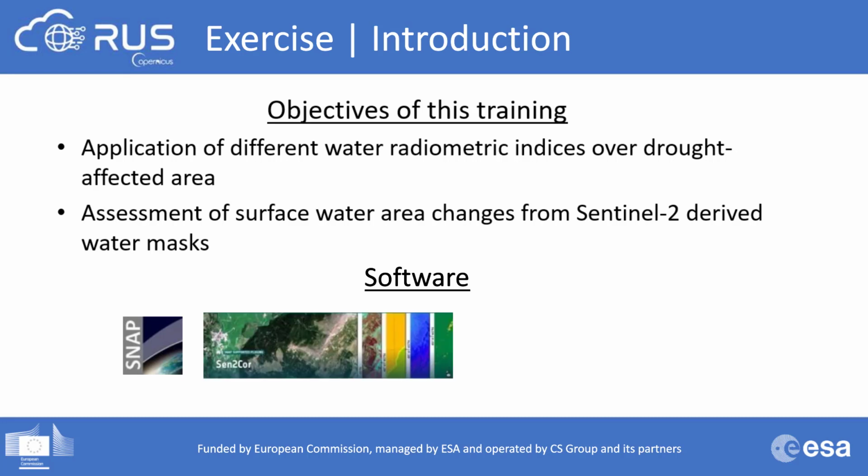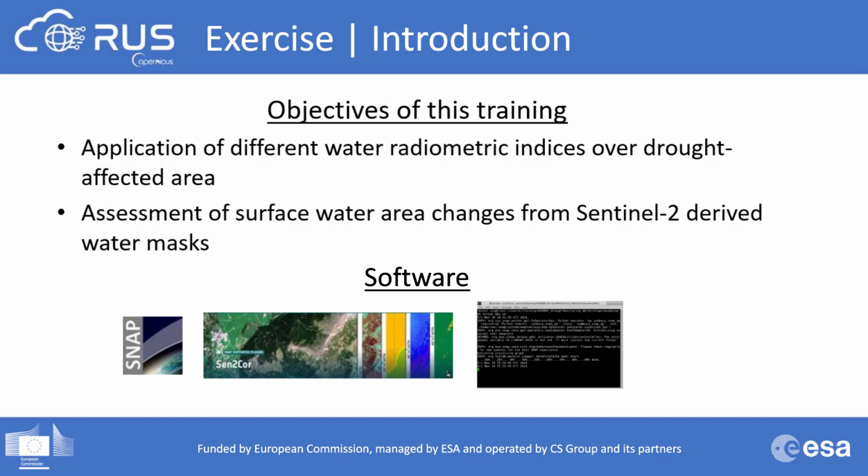We will apply the Sen2Cor processor to atmospherically correct our Sentinel-2 Level-1C images. Then we will use the Graph Processing Tool to automate processes in SNAP. And finally, for visualization purposes, we are going to use the QGIS desktop application.